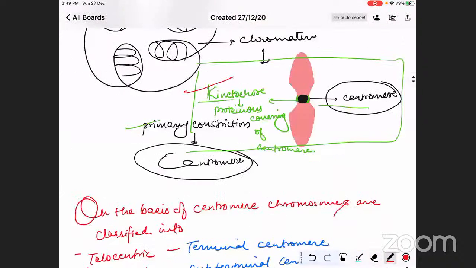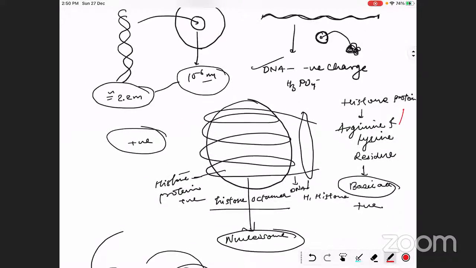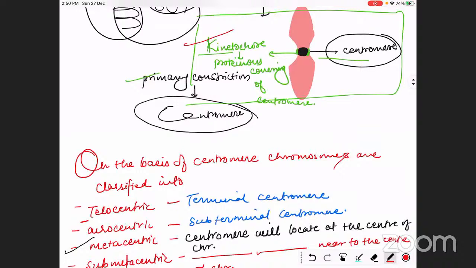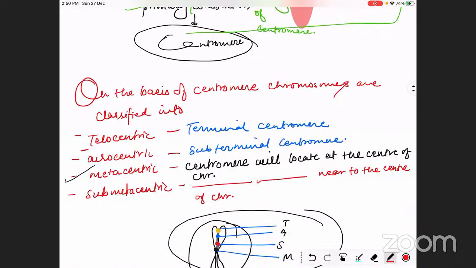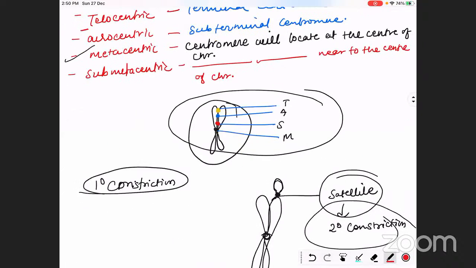Revise today's lecture once again. We talked about the chromosome and the types of chromosome: telocentric, acrocentric, metacentric, submetacentric. They are types of chromosome on the basis of the location of the centromere.